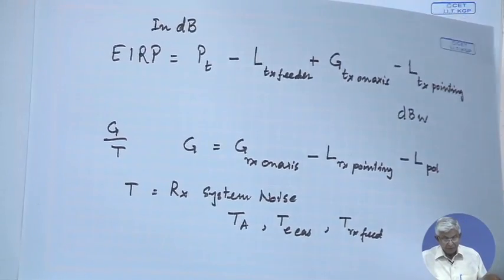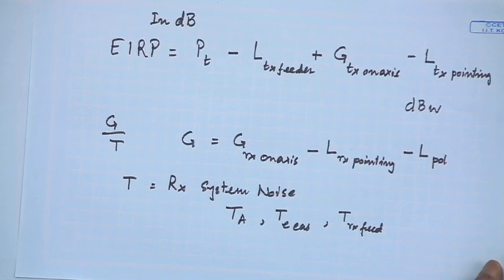So, now we know that a link quality, which is the signal to noise ratio, in other cases we say carrier to noise ratio or carrier to noise density ratio, is now listed. Now, we actually have in the satellite two links, uplink, which is earth to space, and downlink, which is space to earth.